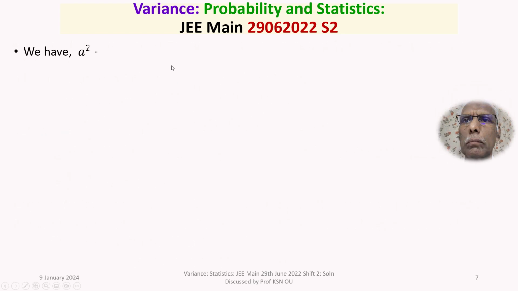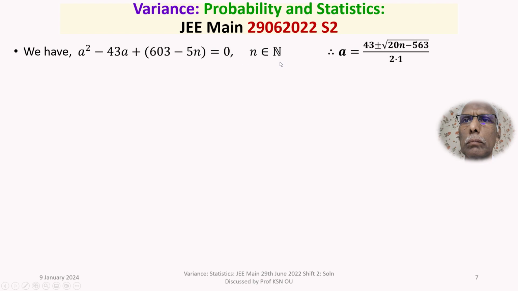So we have that quadratic equation in A, where n is a natural number, and when we solve this quadratic equation, we get A equal to minus b plus or minus the square root of b square minus 4ac, by 2a.